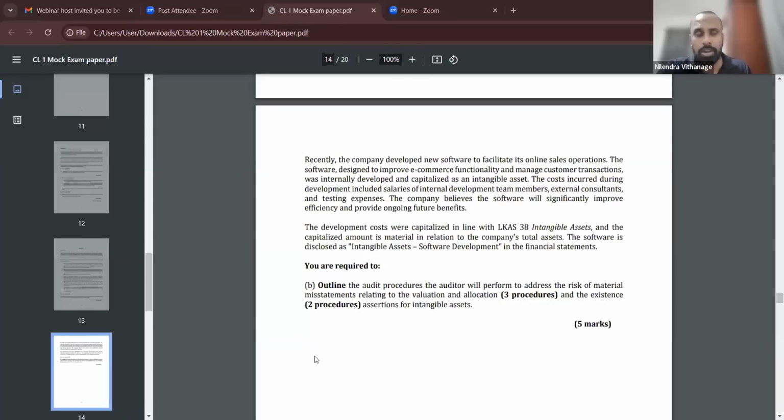For existence, what can you do? Observe the software. Go and observe the software, how it is functioning, whether it is functioning properly. Sometimes software is developed, but it is not functional, it is dysfunctional. So observe, and use your IT security, IT expert auditors.